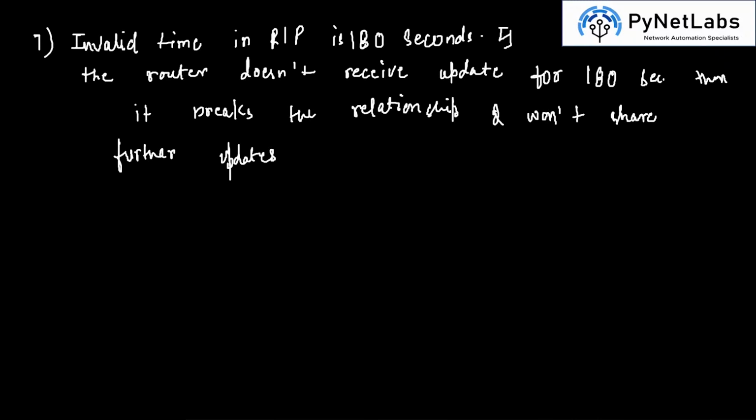Then after this, we have another timer. After the completion of 180 seconds, we have a timer called flush time. Flush time in RIP is 240 seconds.